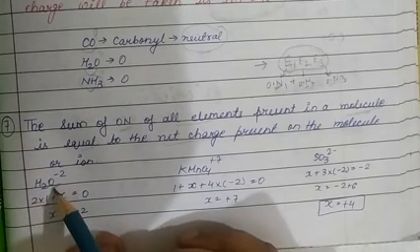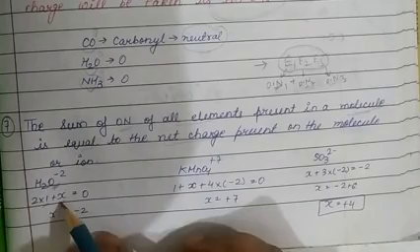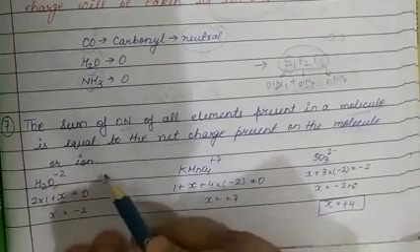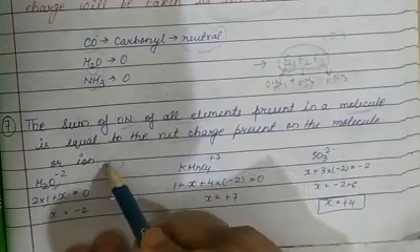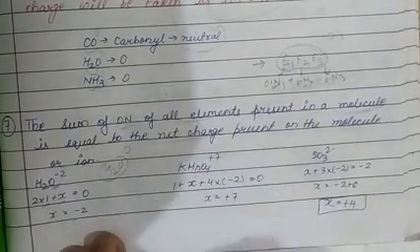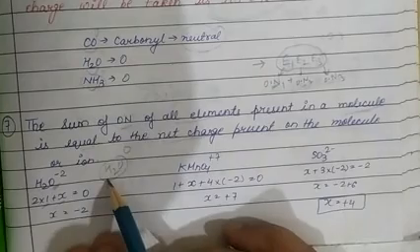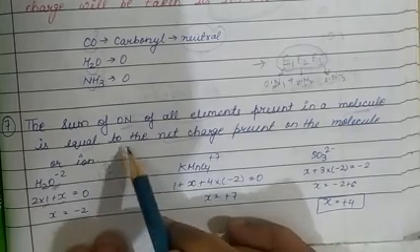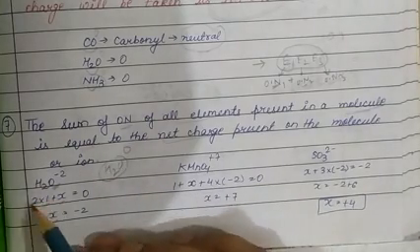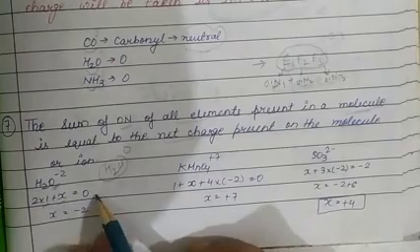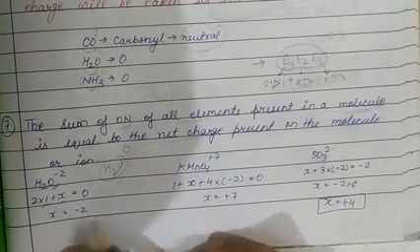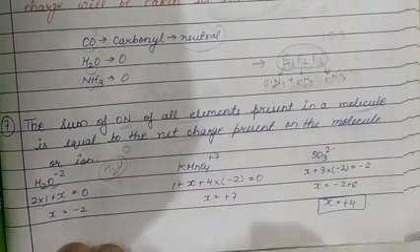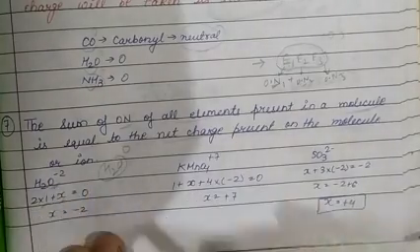And oxidation number of oxygen, let X. As in H2O, there is no charge present on the molecule, we can say oxidation number of hydrogen plus oxidation number of oxygen in this compound is equal to 0. So 2 into +1 plus X equal to 0. We get the value of X equal to -2. So this is the oxidation number of oxygen in this compound.